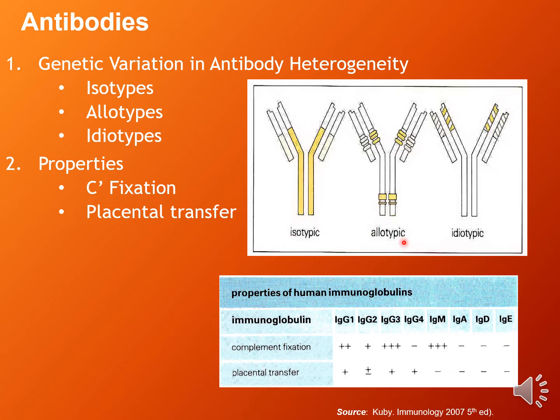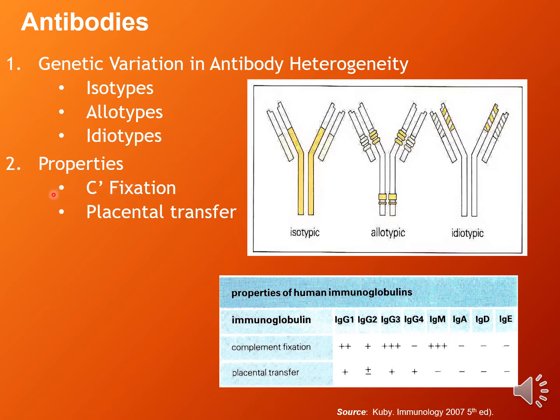An allotype is that which is found in related beings having the same parent or derived from the same genes. Idiotype pertains to the variable region, the difference in the variable regions of the different types of antibodies.